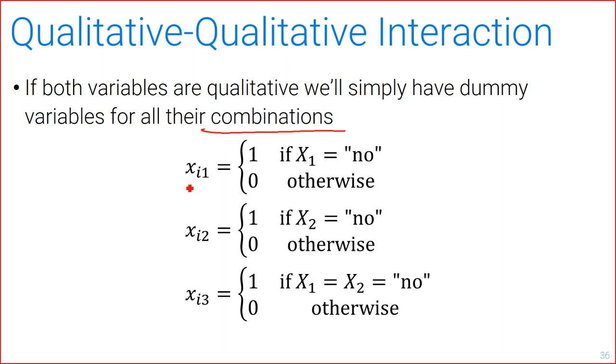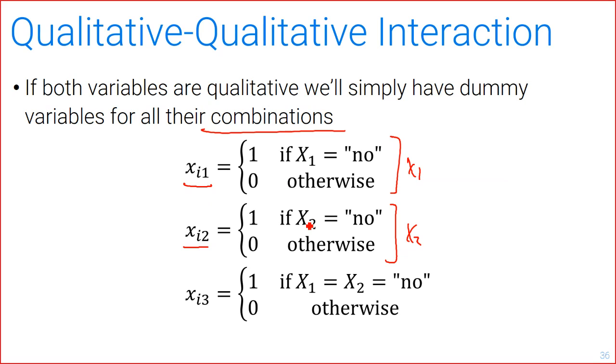So we're going to have one dummy variable that is going to model the case in which x1 equals no. So this is just a regular dummy variable as we saw earlier for variable x1. Then we have dummy variable 2, which is going to model the main effect of x2. Just as we saw earlier, just two variables, their main effects, one for x1, one for x2.